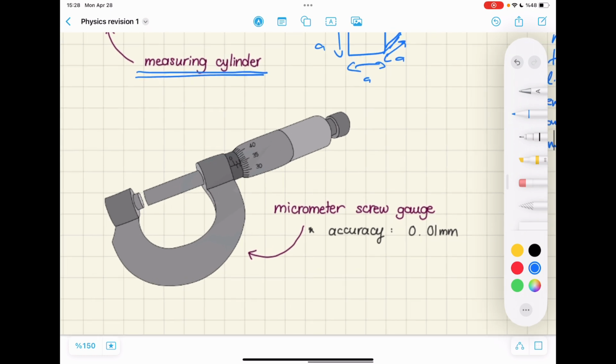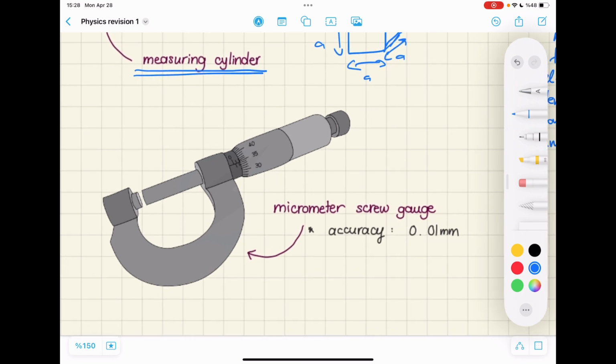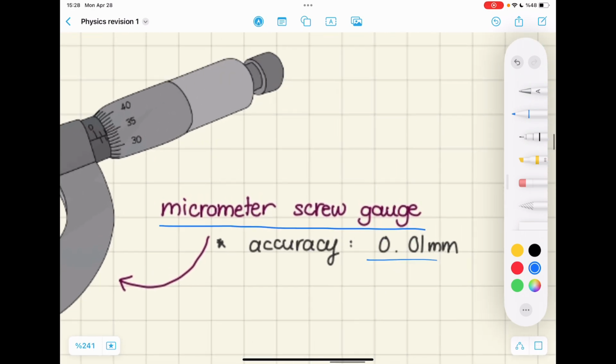Oftentimes, for very, very small lengths, small thicknesses and so on, we will be using a micrometer screw gauge. The accuracy is 0.01 millimeter. It is very, very small, and it has 2 places of reading it. There isn't much focus on this. This is something that is useful to know, but it is only important to know that we are using a micrometer screw gauge for very small lengths.